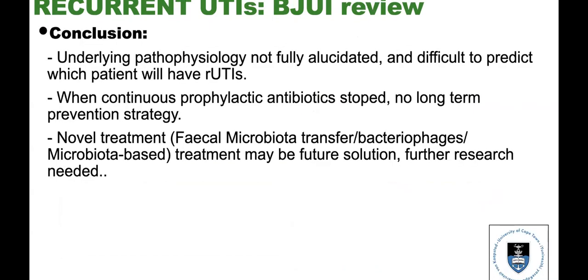So in conclusion, though we still don't quite understand why we have recurrent UTIs, we need more research towards that. But the article did say that these novel treatments could be the future solution in managing patients with recurrent UTIs. But unfortunately, more research still needs to be done.